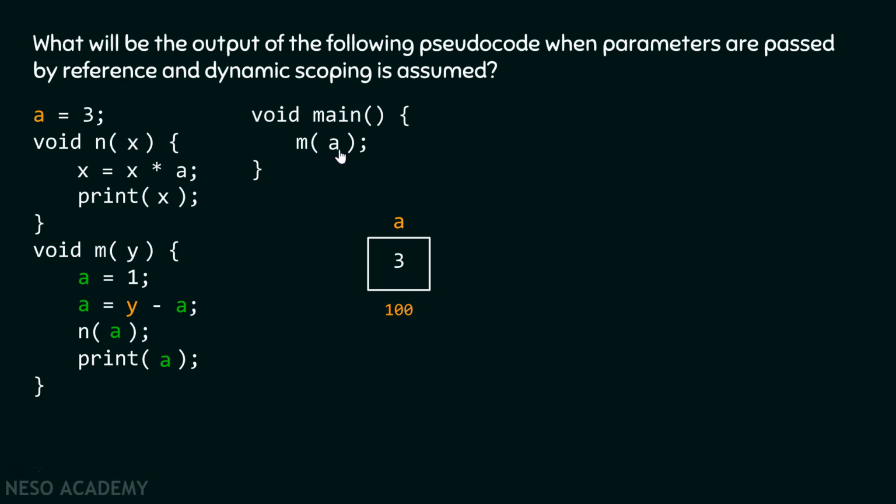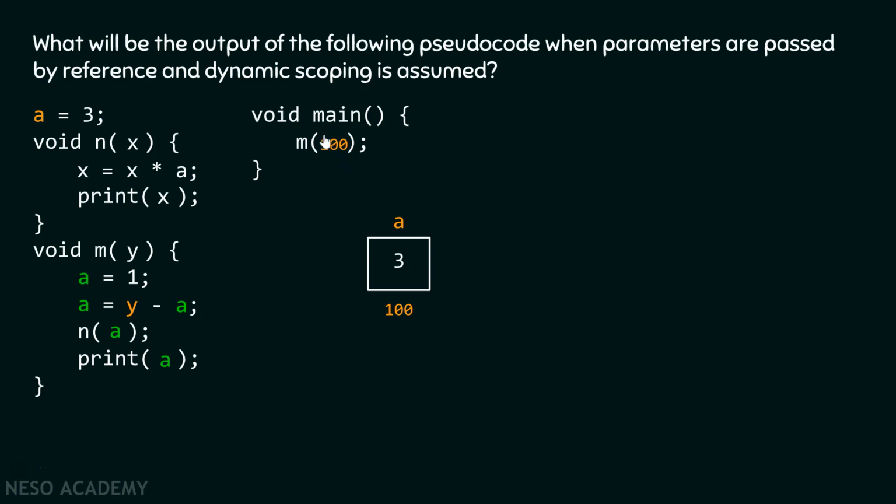But as we are assuming that parameters are passed by reference and not by value, this is nothing but ampersand of A, right? That means we are passing the address of A and not the value of A. What is the address of A? Address of A is 100. Therefore, it will get replaced by 100.